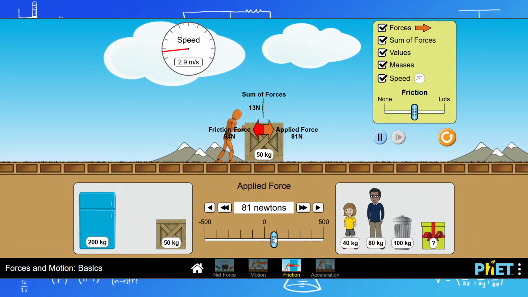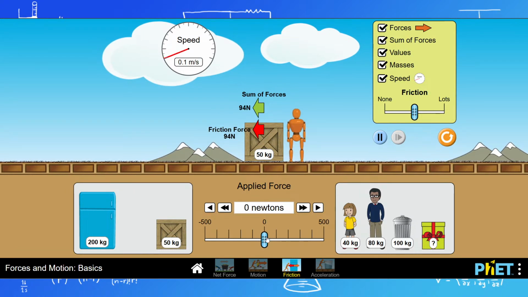Let me try that again. As I apply more force, notice that the friction force, the red arrow to the left, keeps increasing with my applied force. Right now both are 53, increase the applied force to 62, the friction force also increases. 81, 86, 93, 100, 102, 106.